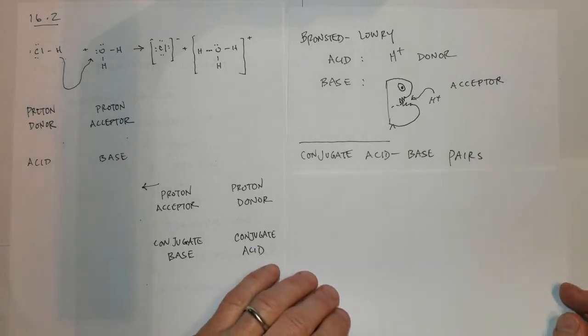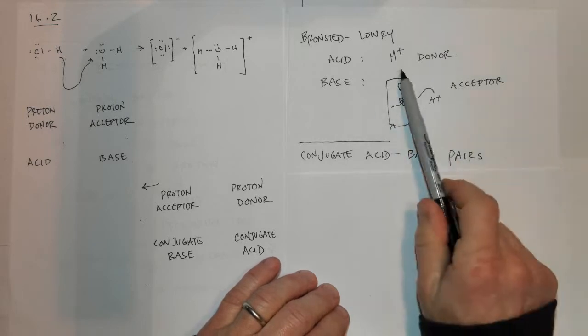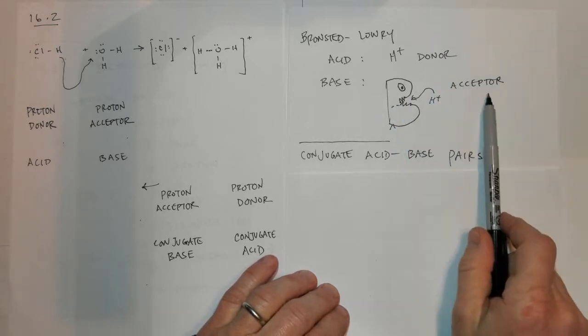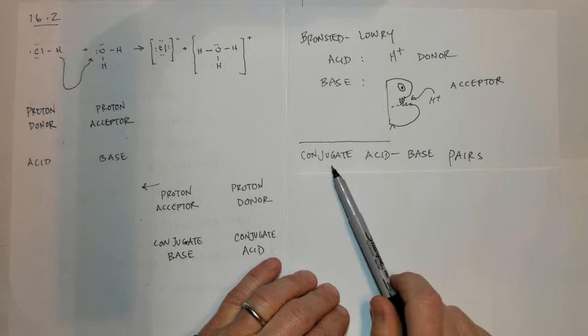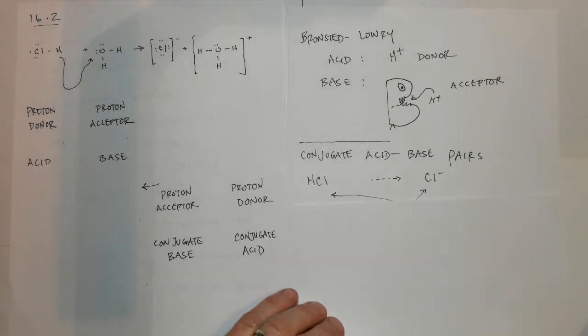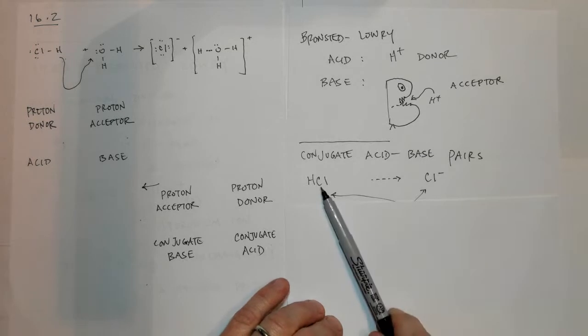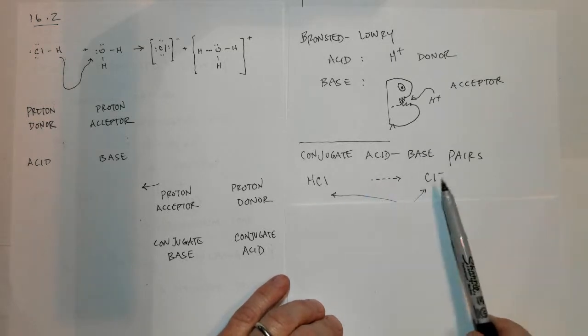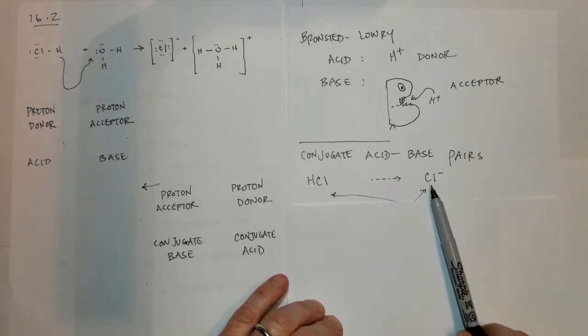And so once you understand that acids are proton donors and bases are proton acceptors, you now can identify what are called conjugate acid-base pairs. In a conjugate acid-base pair, we have something that can give up a hydrogen, and then what's left over after that species has donated or given away its hydrogen.